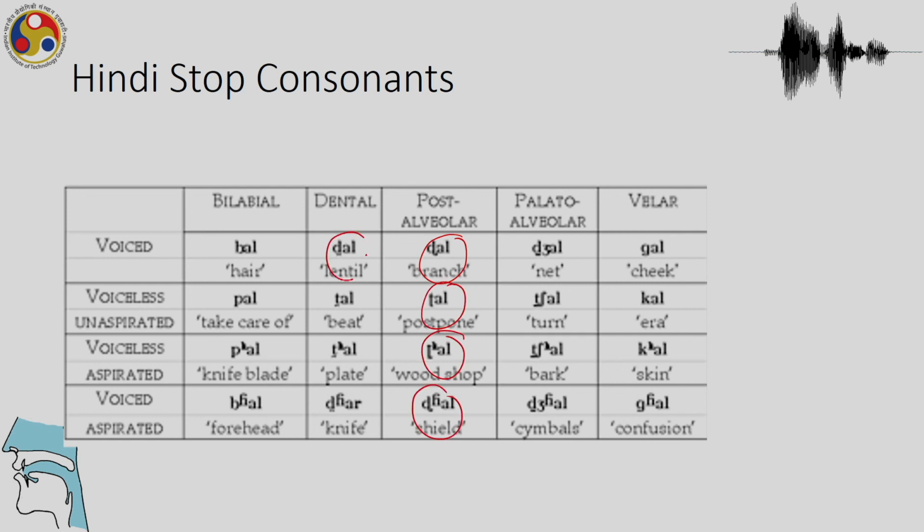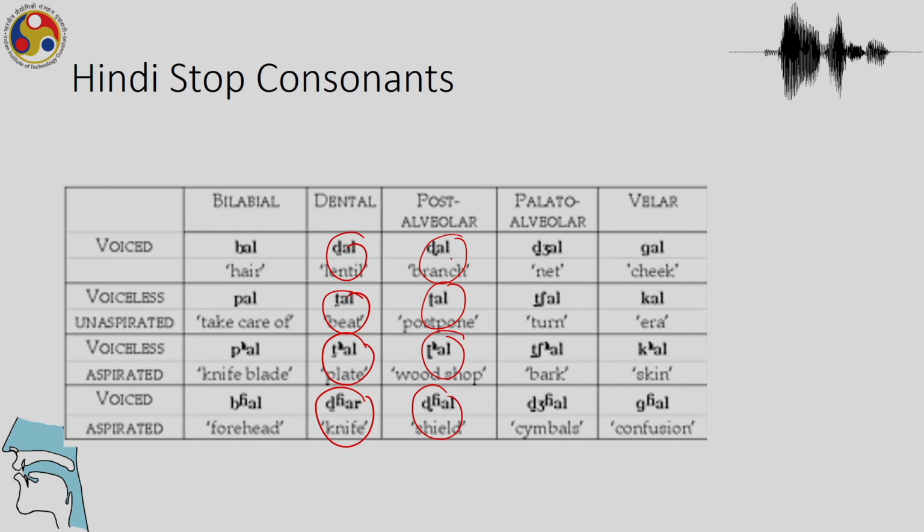And then we have this dental series, where there is a voiced dental stop, a voiceless dental stop, a voiceless aspirated dental stop, and then a voiced aspirate or breathy stop, which are all dental.